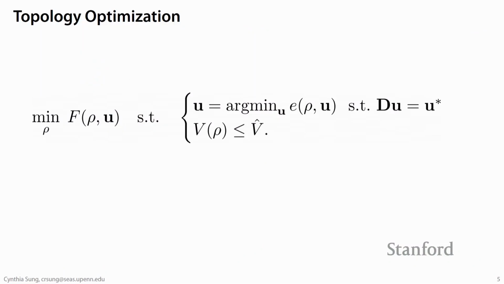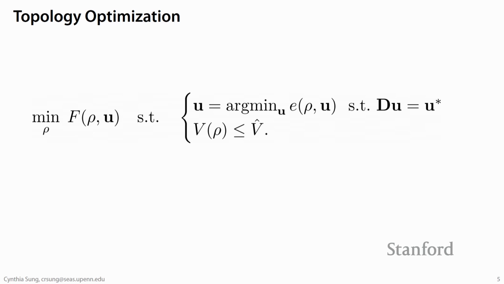Some of you may know that topology optimization has been pretty successful in designing structures when we want to think about, well, what is the mechanical response of that structure?